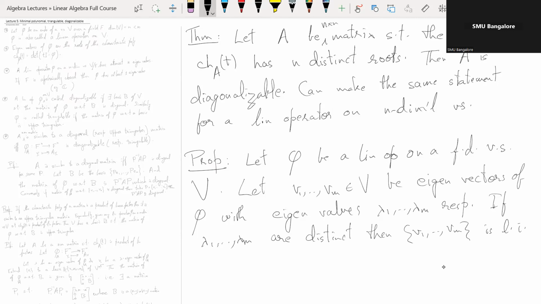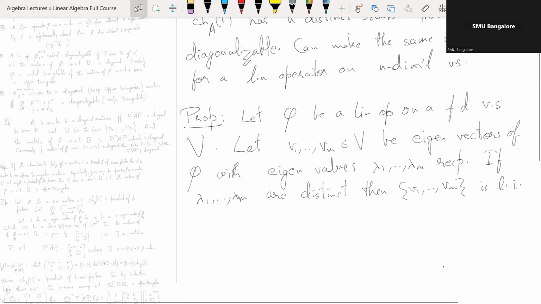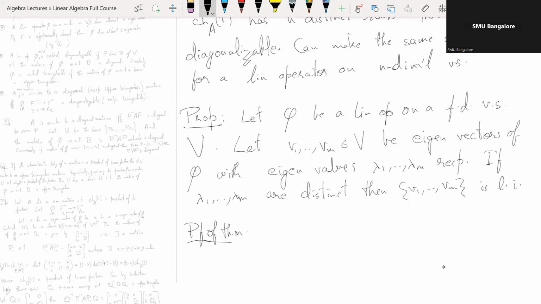So before proving the proposition, maybe we see a proof of the theorem using this proposition, because this is just ideas, and this is just what we said. So, proof of theorem using the proposition, and then we will see a proof of this proposition.